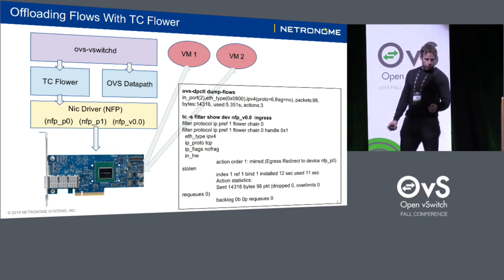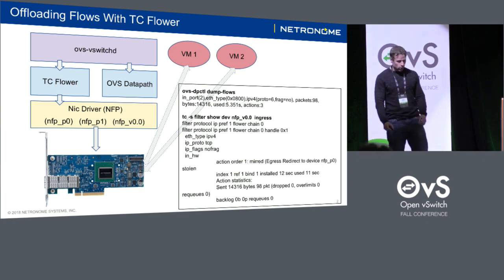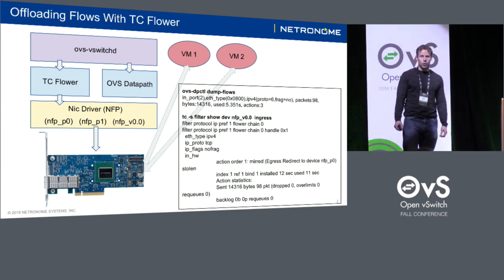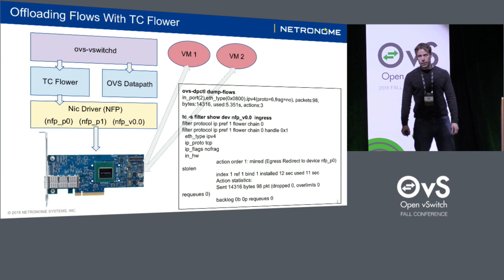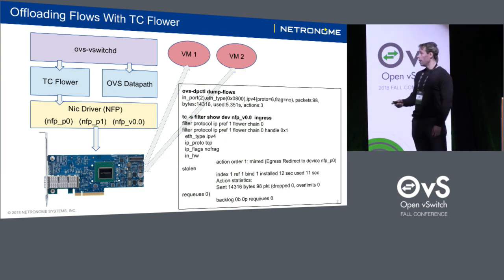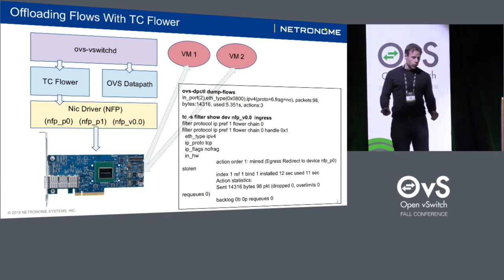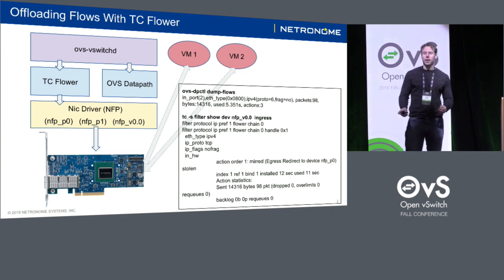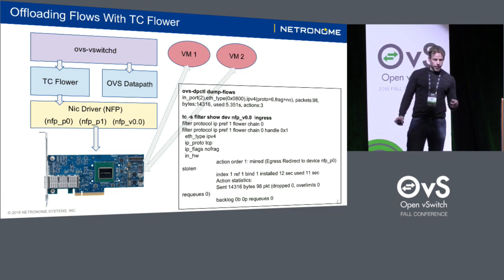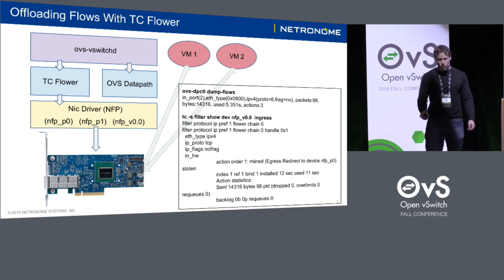We'll have an example on the screen of an OVS kernel rule and a TC flower rule. It's effectively the same rule. If you look at the syntax, we'll not go into it, but really the only difference is that the OVS kernel rule actually matches on a port. The TC flower rule is applied to a port, but effectively we get the same outcome.